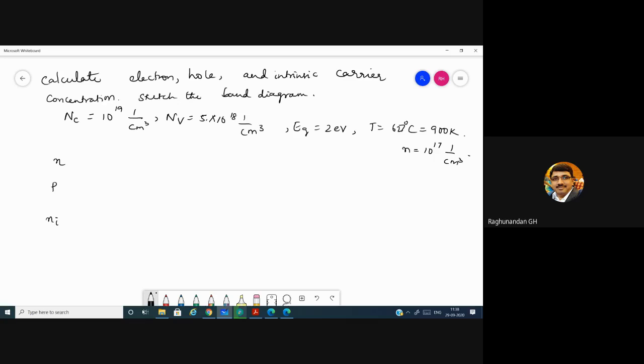We know the formula for electron concentration as N is equal to Nc into e to the power of minus Ec minus Ef by Kt, and P is equal to Nv into e to the power of minus Ef minus Ev by Kt, and Ni is equal to root of N into P. These are the formulas we are having.